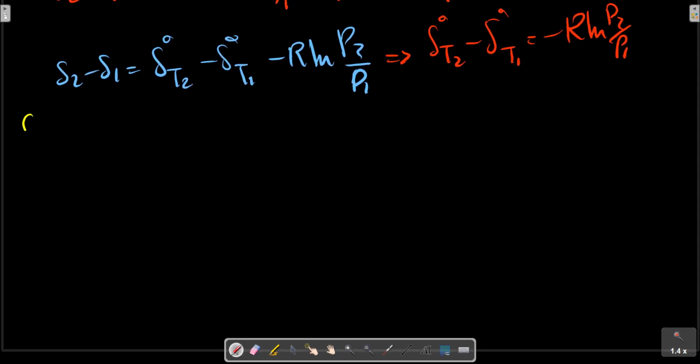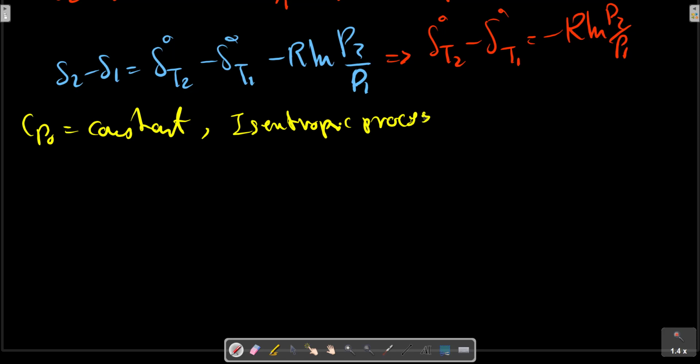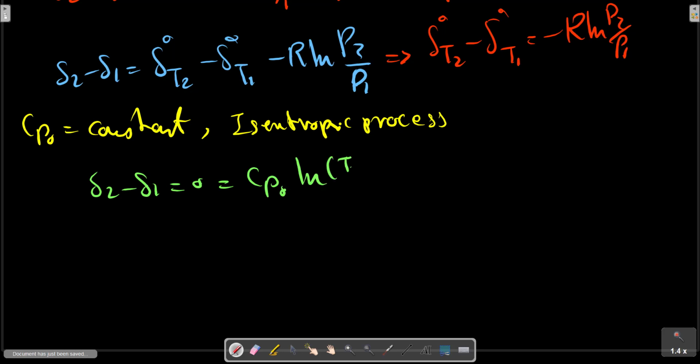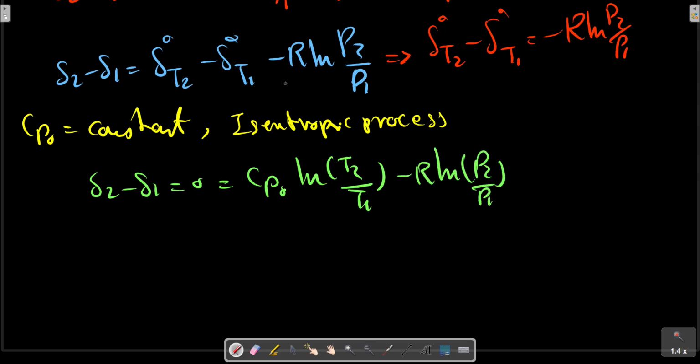For Cp constant for an ideal gas, we can calculate that for an isentropic process, we have S2 minus S1 equals zero for an isentropic process. Now we can obtain this relation, ln.